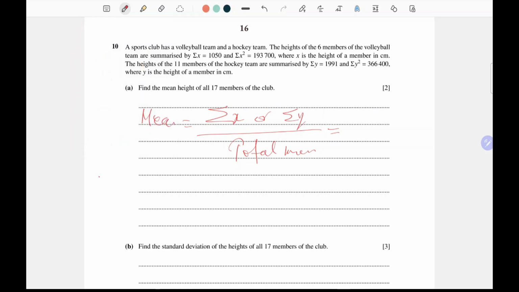Sigma x means sum of the height of everyone. So height of the volleyball team as well as the hockey team. So that is 1050 plus, here and here, 1991 over, yeah, that is 6 members there and 11 there, so 6 plus 11.